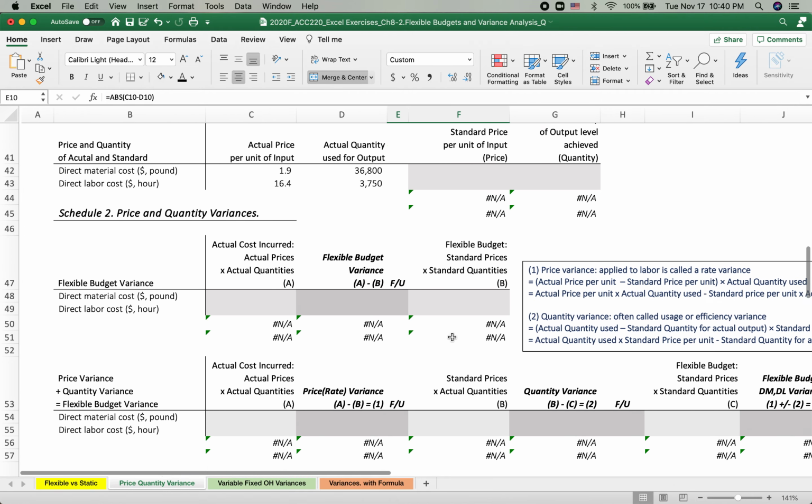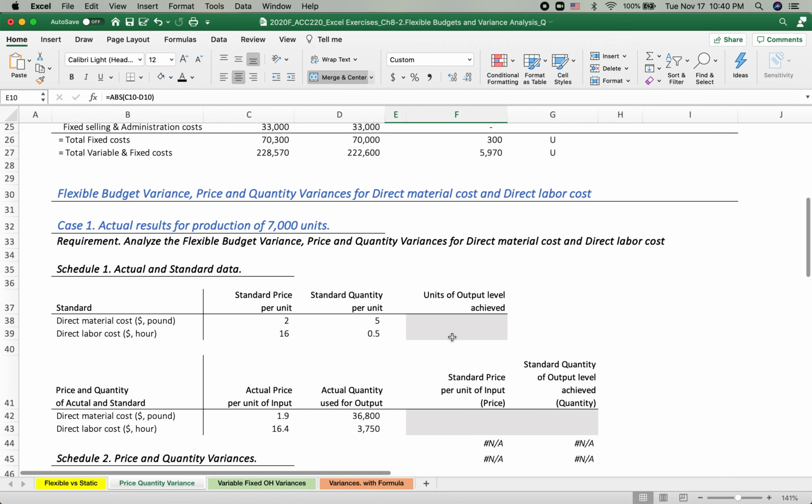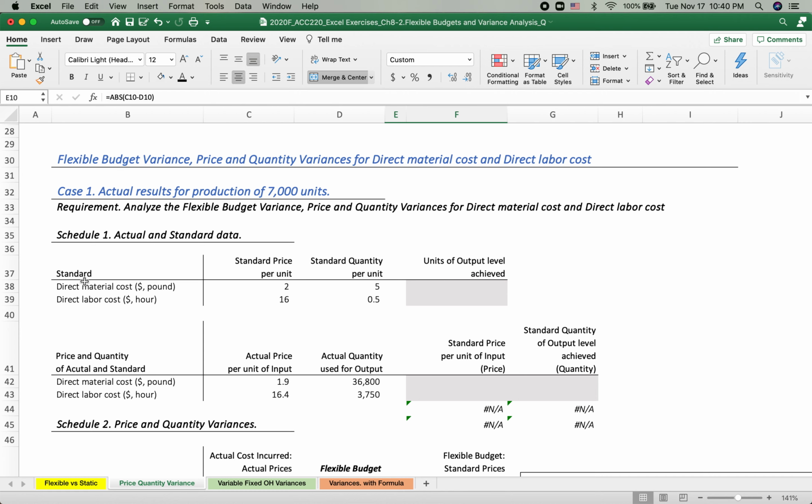Okay, so let's go to the practice here. For the standard direct material cost and direct labor cost, we have a direct material quantity, which is in pounds, and a direct labor quantity, which is in hours. The standard price per unit is $2 for the direct material and $16 for the direct labor.